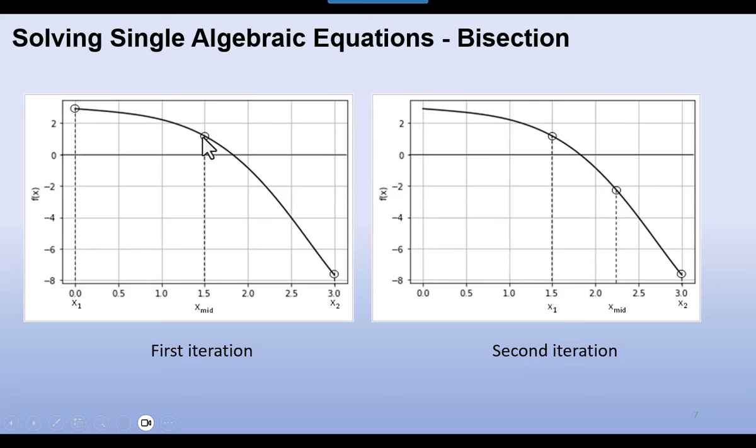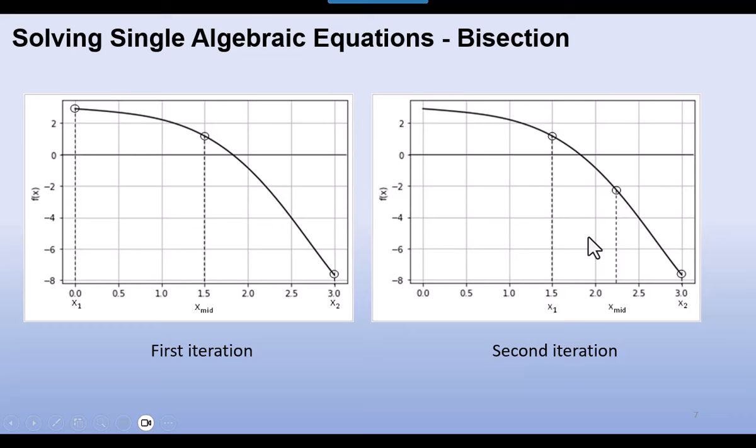So for the next iteration of the method, this x mid becomes x1, as illustrated over here on the right. And then we continue the process, and we have another midpoint. Here, the f of x evaluation is negative, so for the next iteration, this will become the x2, and we gradually home in on the solution.